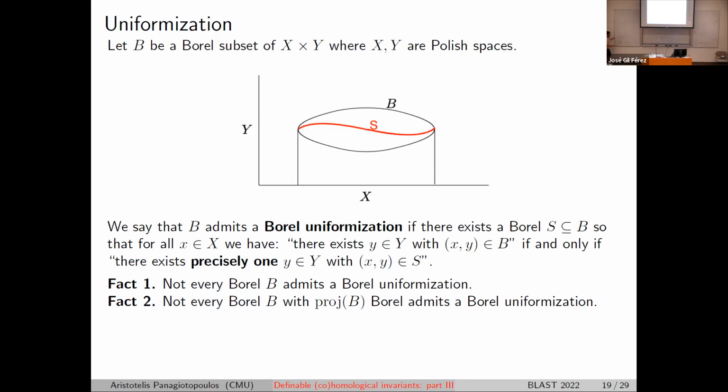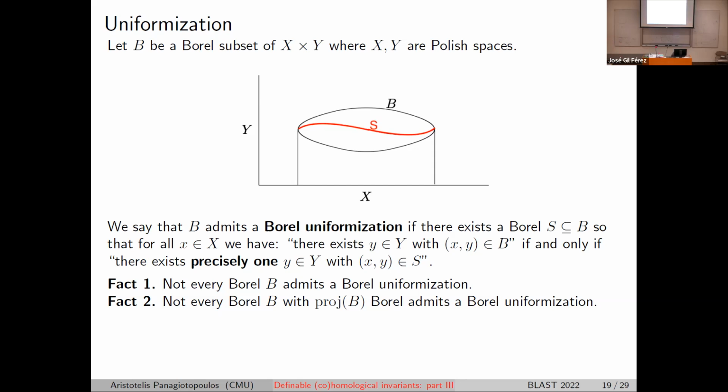Their projection is 0, 1, and covers everything, because these two are disjoint. These project to the complements of them, so they will cover everything. And it turns out that this is a Borel set, it's closed in particular, but it does not admit uniformization. This is a trick from Blackwell.